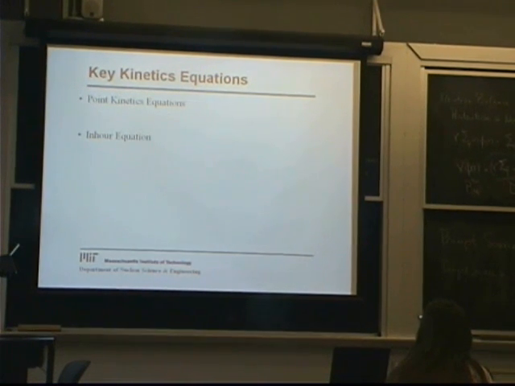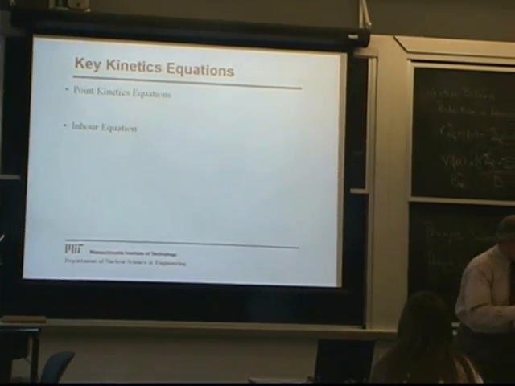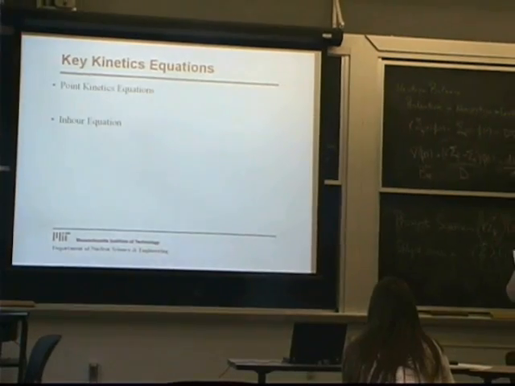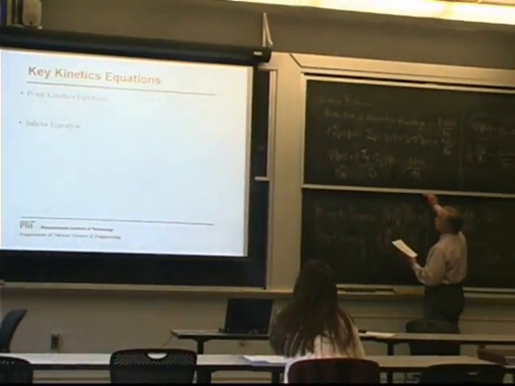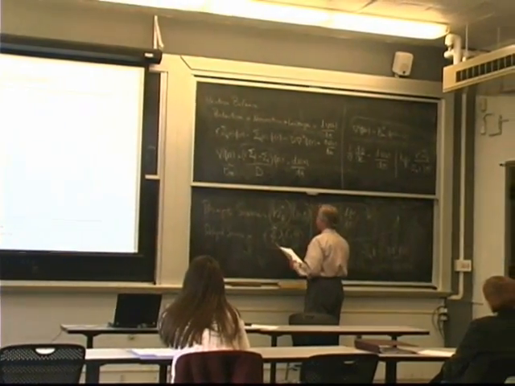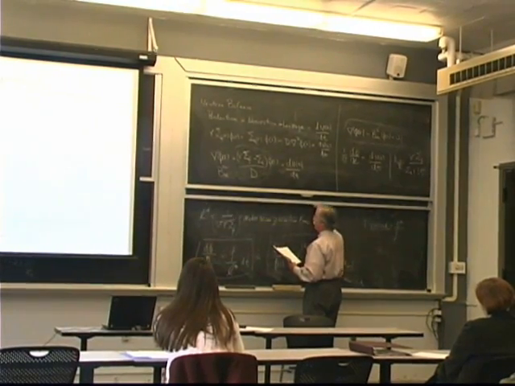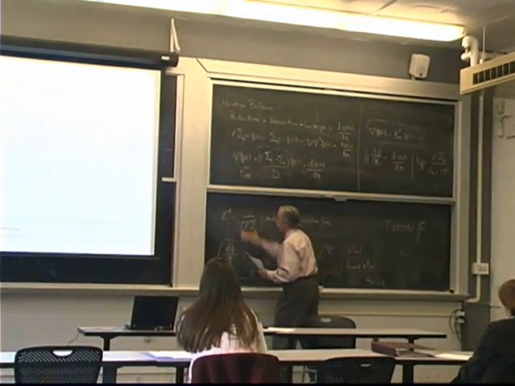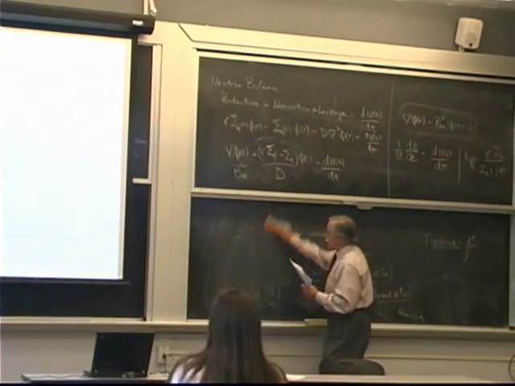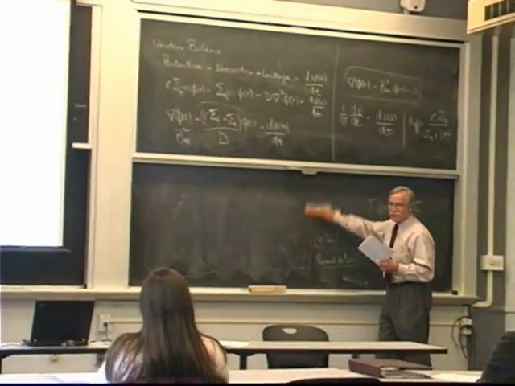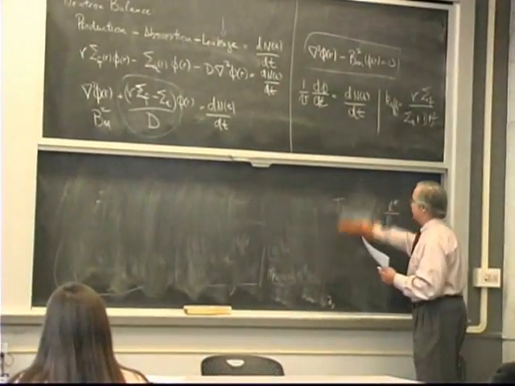Now, in order to solve this equation, it requires some more manipulations. And let me see if I can do that. Just as a reminder, are we on the same page? This is stuff you've already had, okay?